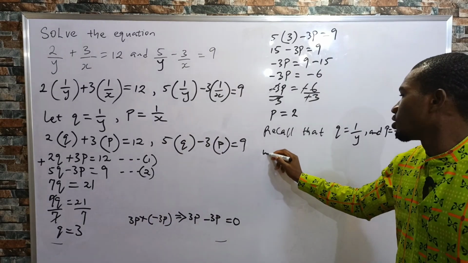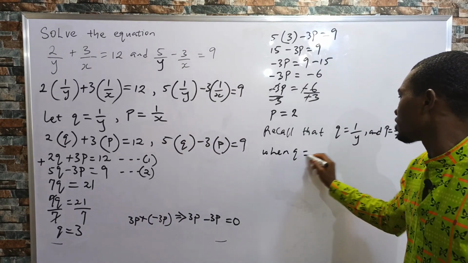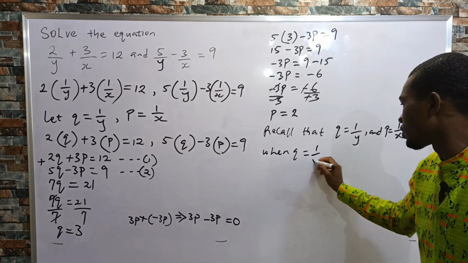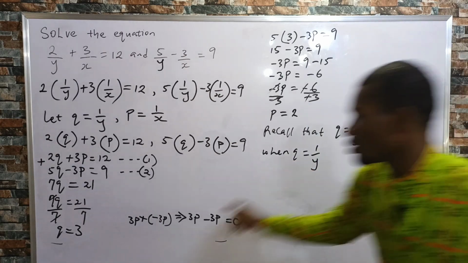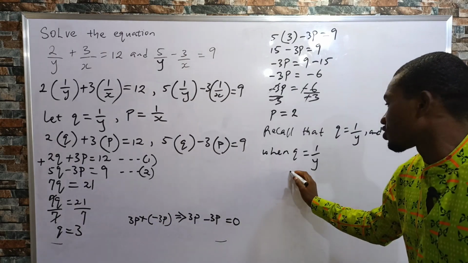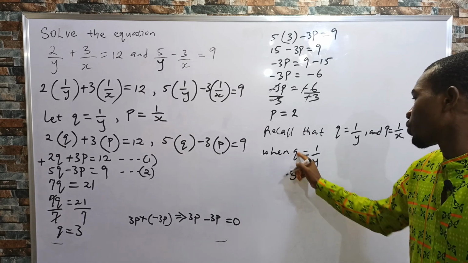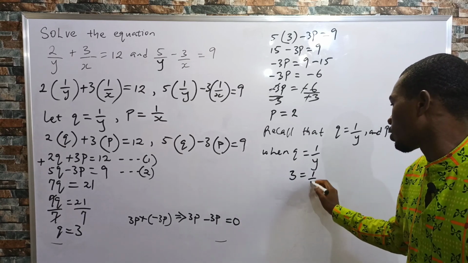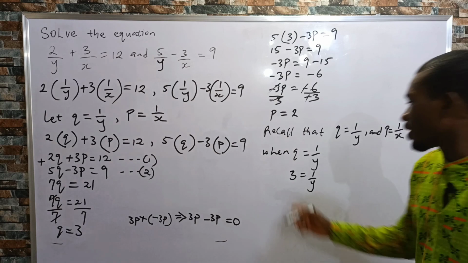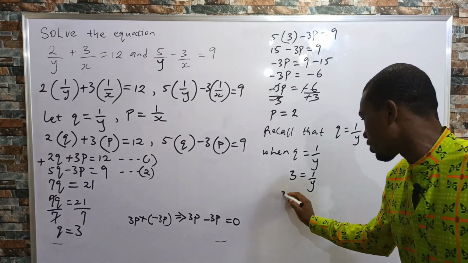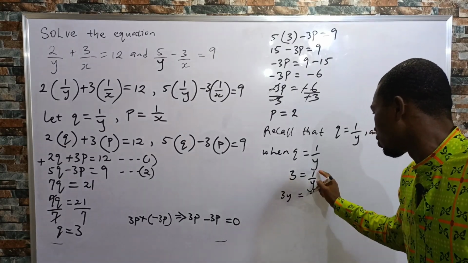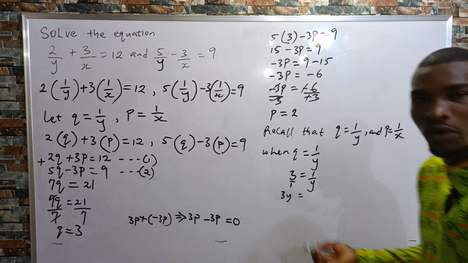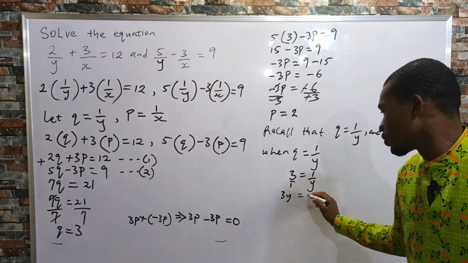Then when q is equal to 1 over y, remember that q is now 3, so we substitute it with 3, so that we have 3 equal to 1 over y. Then when we cross multiply, 3 multiplying y will give us 3y, and that is equal to, remember 3 is the same thing as 3 over 1, so that 1 multiplying 1 will give us 1.